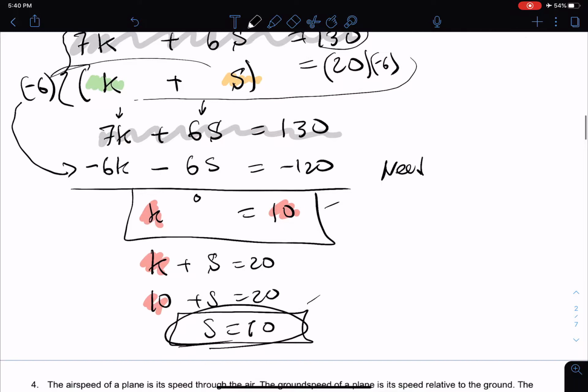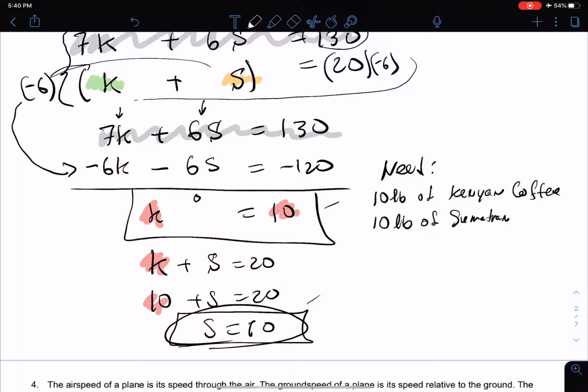What do you need to do that? Well, you're going to need 10 pounds of the Kenyan coffee. And you're also going to need to mix that with 10 pounds of the Sumatran coffee.